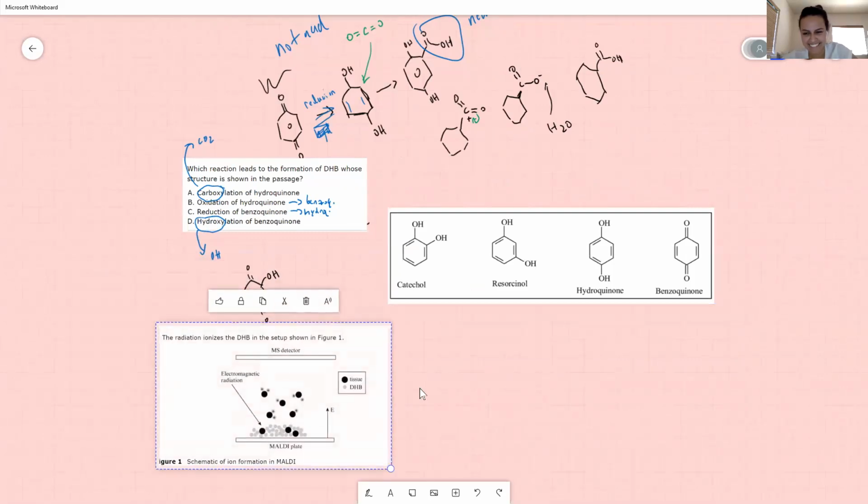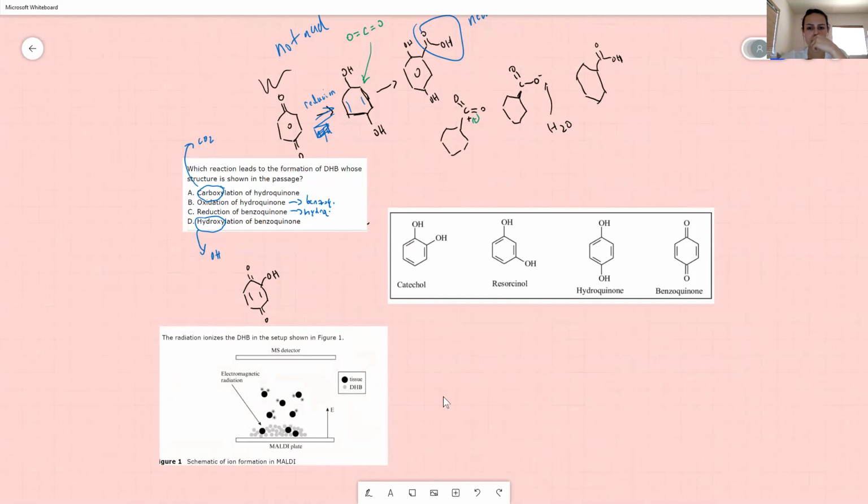Okay, let's go choice by choice. The distance traveled by the ions depends on the ion charge. What do you think about that? No, it doesn't depend. It's always going to be the same.